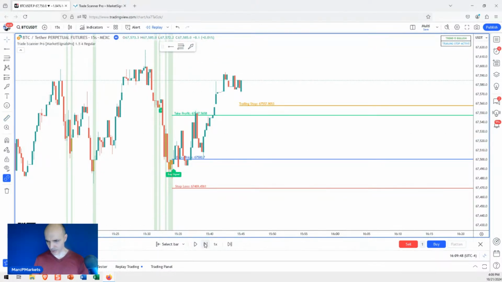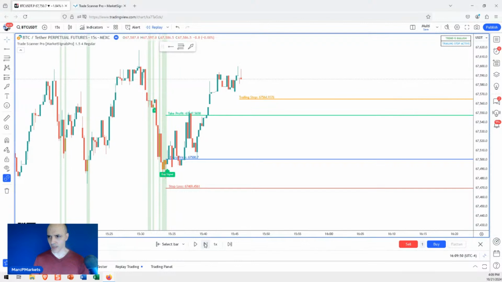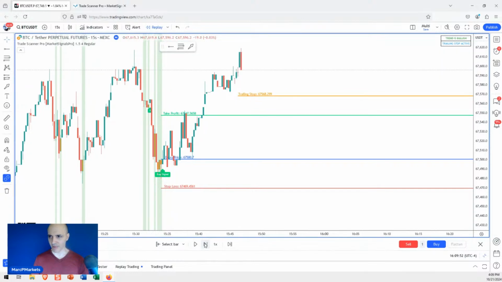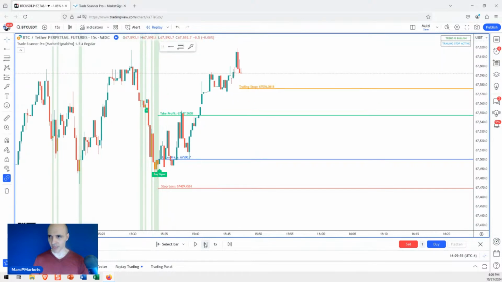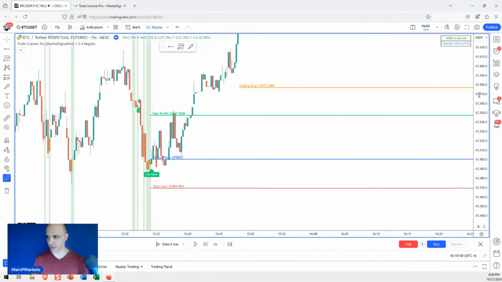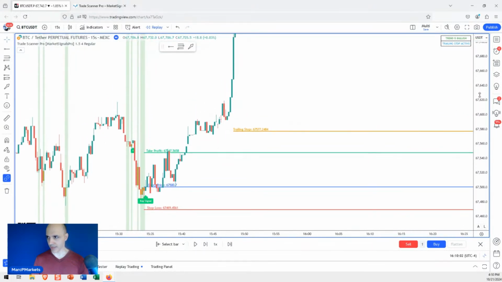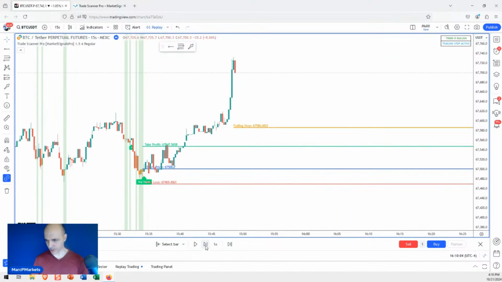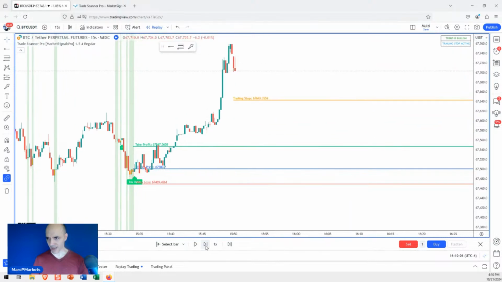Let's see. Does it continue? Or does it get stopped out? Interesting. How about there? No, it's still in. Oh, man. Okay. Let's see. When does this thing get stopped out? So look at this, right? Again, the Trade Scanner Pro was reporting a 48-point profit.